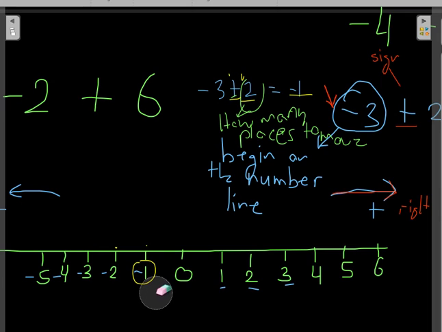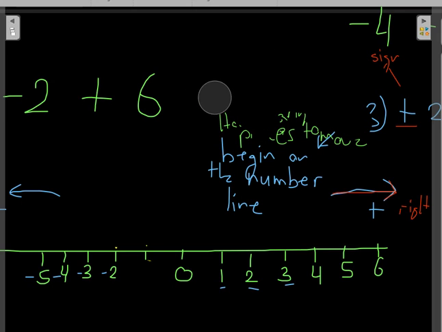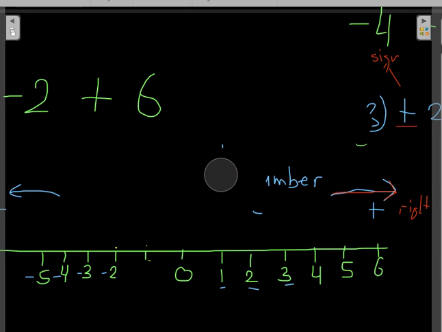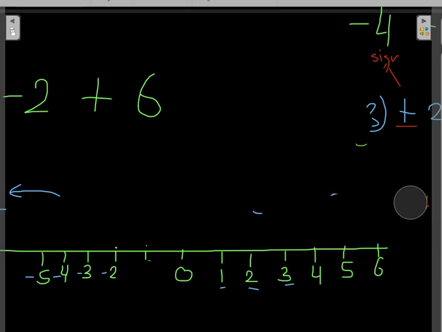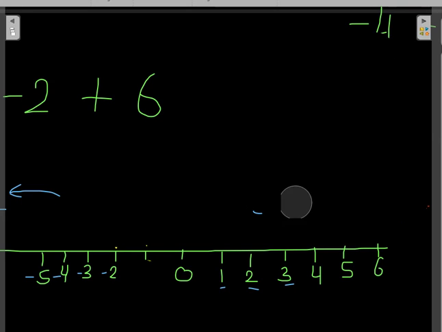Okay, so let's use another example. Let's say we have negative 2 plus 6. This is the first number. The first number tells us where to begin on the number line.